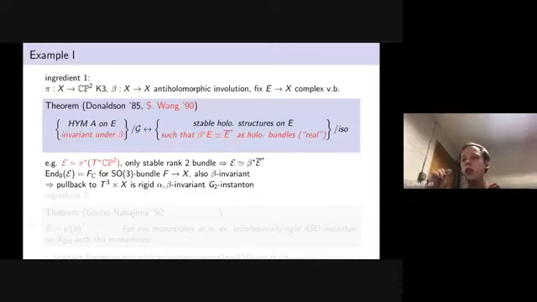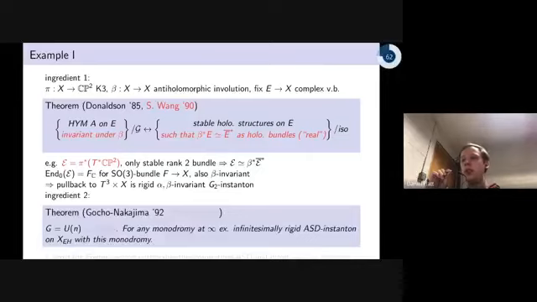The second ingredient, the Fueta section, comes from the following theorem. There's a theorem from Kronheimer and Nakajima which says that if your gauge group is U(N), then for any holonomy at infinity, there exists an infinitesimally rigid ASD instanton on the Eguchi-Hanson space with this holonomy. And luckily for me, Thomas Walpuski showed that that's also the case for gauge group SO3. So now you look at your G2 instanton theta.